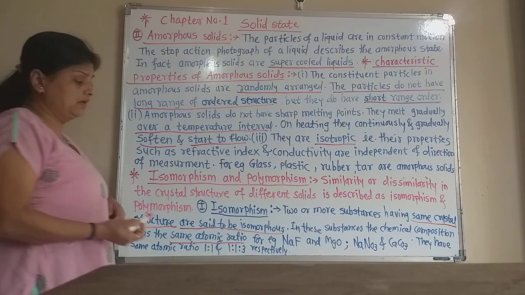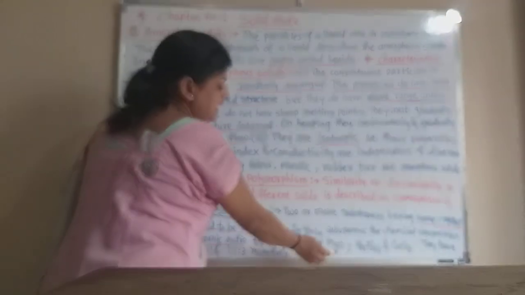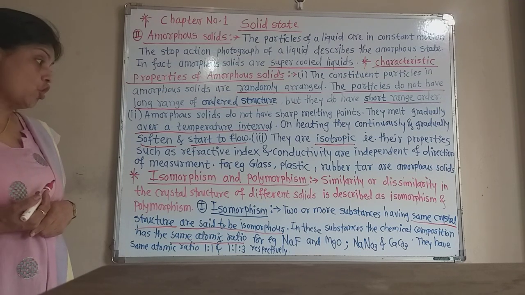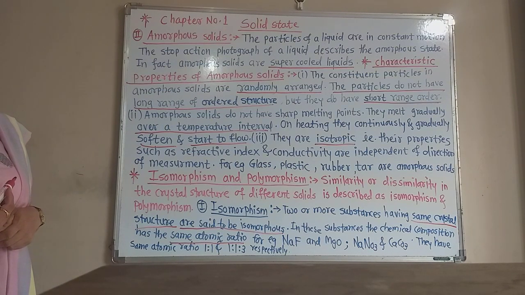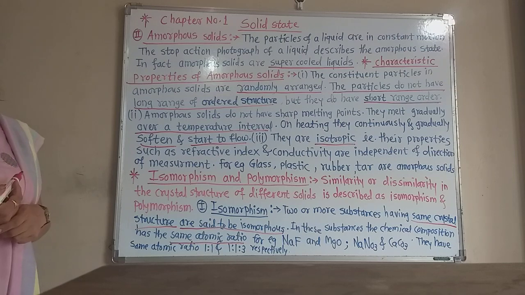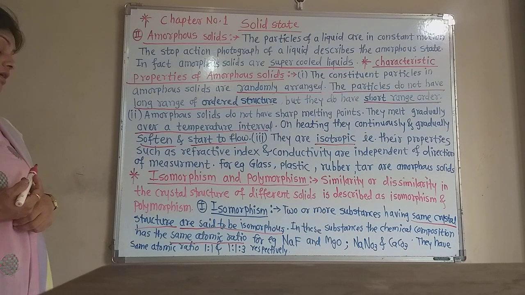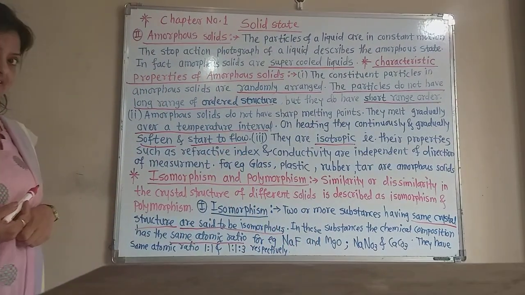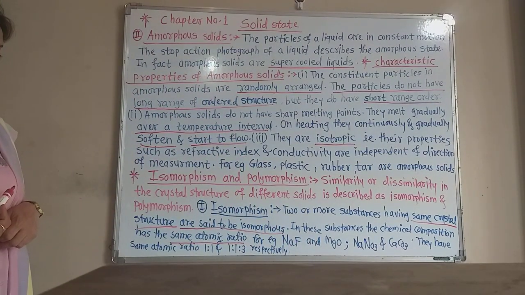For example, NaF and MgO, sodium fluoride and magnesium oxide, these are isomorphs because they have the same ratio of constituent particles, a 1:1 ratio in both NaF and MgO.